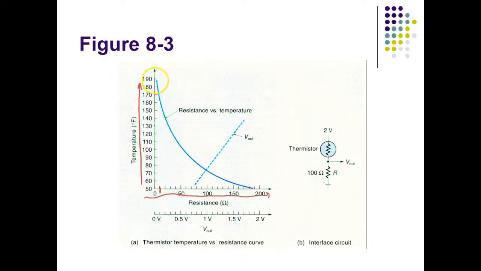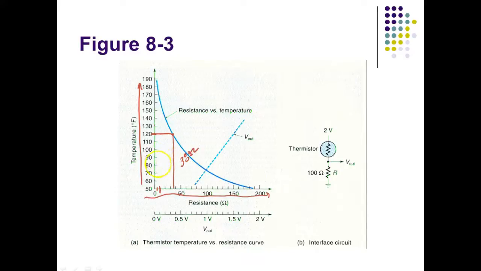So here it says at roughly 190 degrees, we would have pretty close to 0 ohms. The way we would read these, if I put a horizontal line and then drop a vertical down to the other axis, then this thermistor at 120 degrees would have probably around 38 ohms. I'm just taking a guess at that.